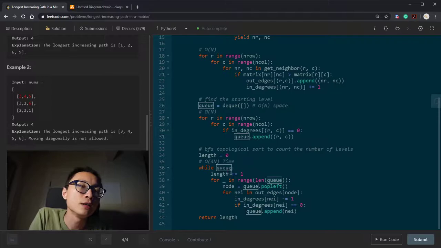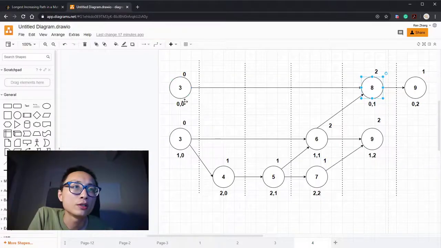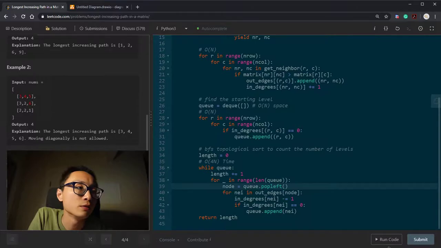Or you can say that we pretty much are just going to visit every node. Every node is going to be on the queue exactly once. So at any given time that we are processing that node, the time for that is going to be upper bounded by 4, so it's 4 multiplied by n. That's the time complexity for this.